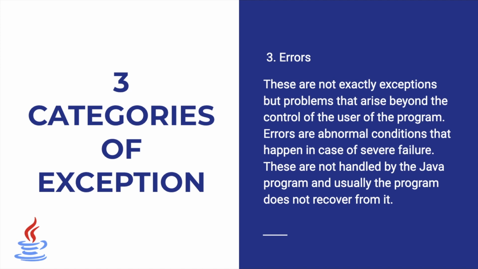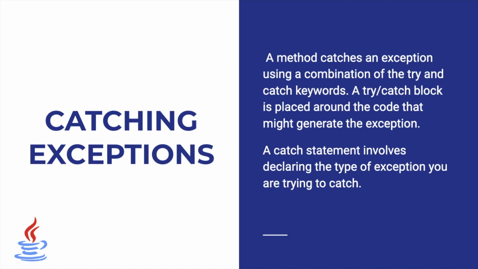Now we have built-in exceptions. Java defines several exception classes inside the standard package, java.lang, and java.lang is implicitly imported into all Java programs. Most exceptions derived from runtime exceptions are automatically available. So how do we catch exceptions?